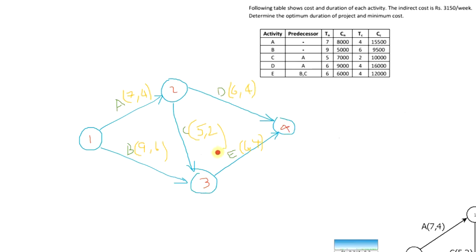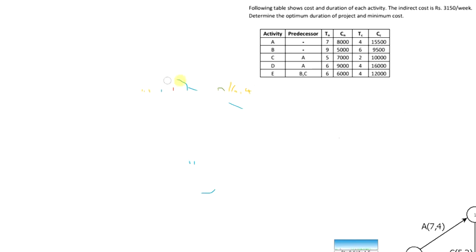So this is the network diagram with all the activities, node numbers, and the normal time and the crash time. Okay, here I have drawn it more clearly. I have drawn this just to show you how to draw the network diagram and mark the activities and their corresponding durations.